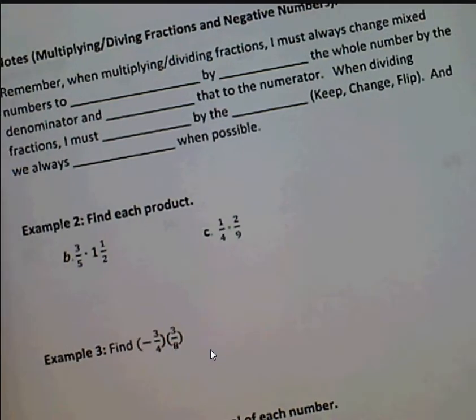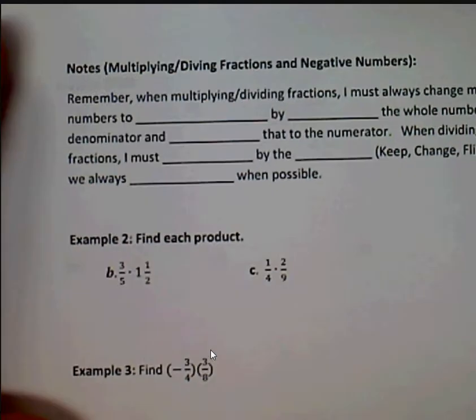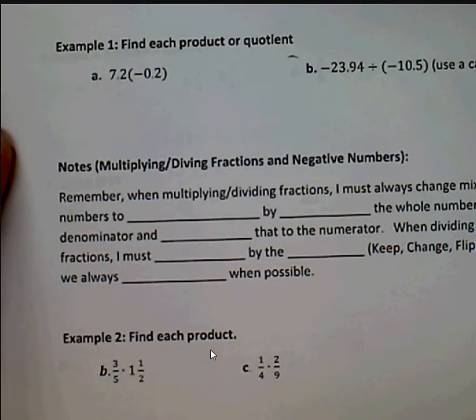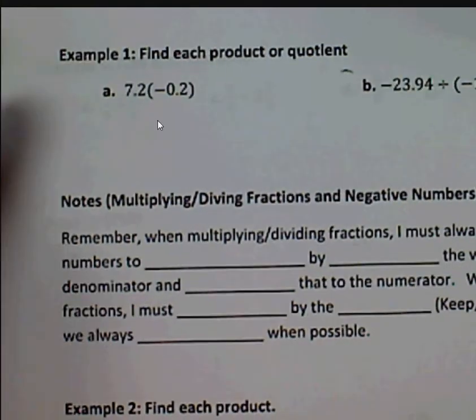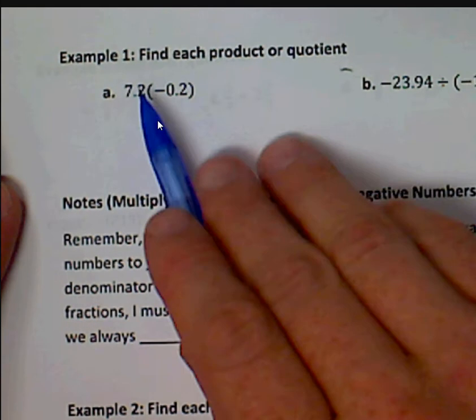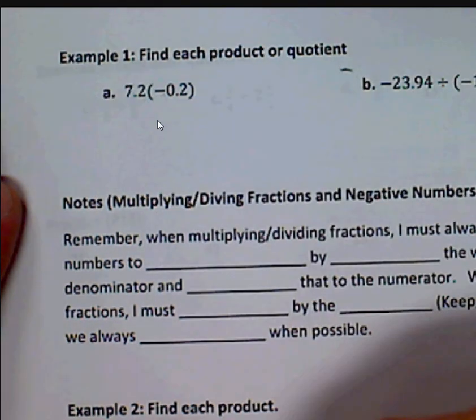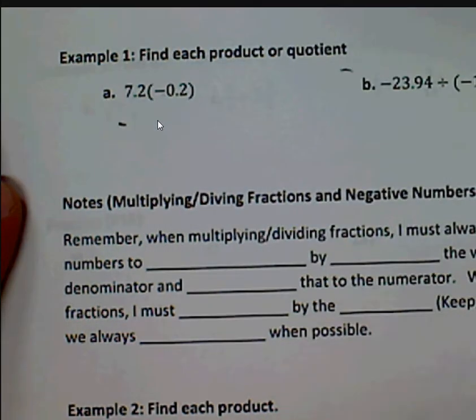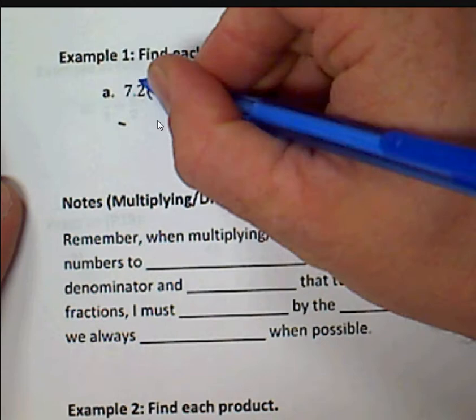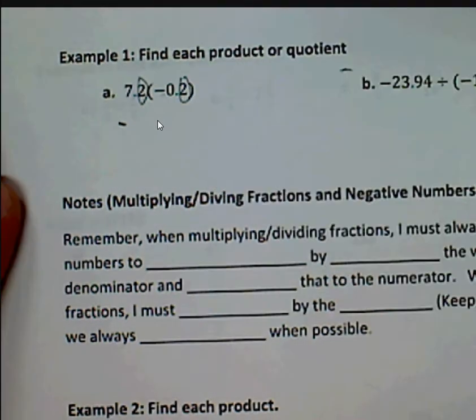Here we go. Example 1. Make sure that you are following along in your book. It says find each product or quotient. The first thing I do is count how many negative signs I have. I have one negative sign, one is odd, so my answer needs to be negative. Then I count how many numbers are after the decimal.